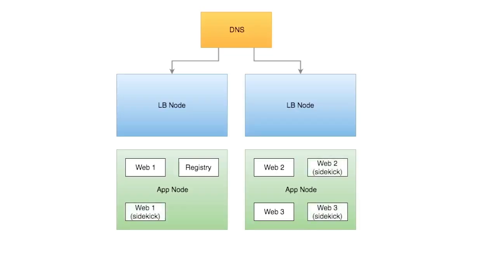Here's another way that you can do it, is you can add sidekicks aside each web service. So web 1, 2, and 3 run, and then you'll assign a sidekick next to web 1, 2, and 3. Those sidekicks will notice that web 1 is running and they'll register it for you. Or actually, the sidekick's job is simply to register that web 1 is running. It will periodically make sure web 1 still works, and if web 1 goes down, it could also register that web 1 is not operational.